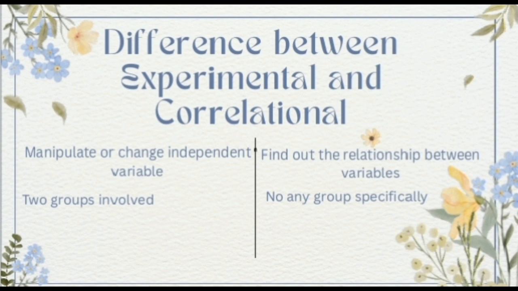So the first difference is that in experimental we can change variables, but in correlational we cannot. Then in experimental design we have two groups, the experimental group and control group, but in correlational design we don't have any group specifically.